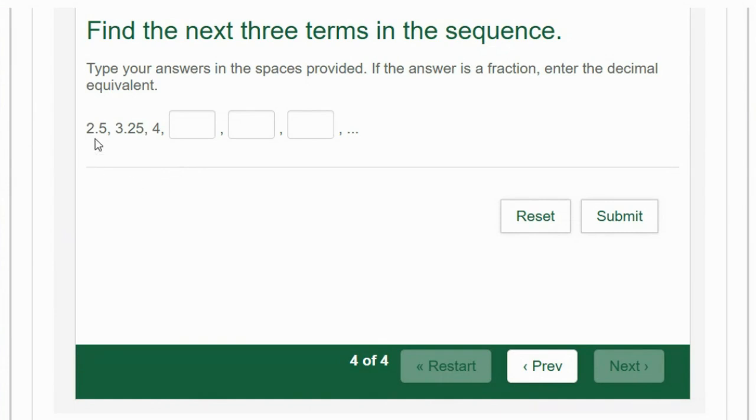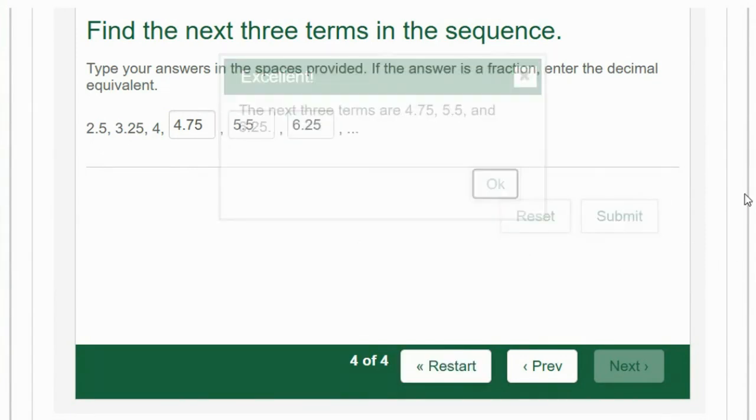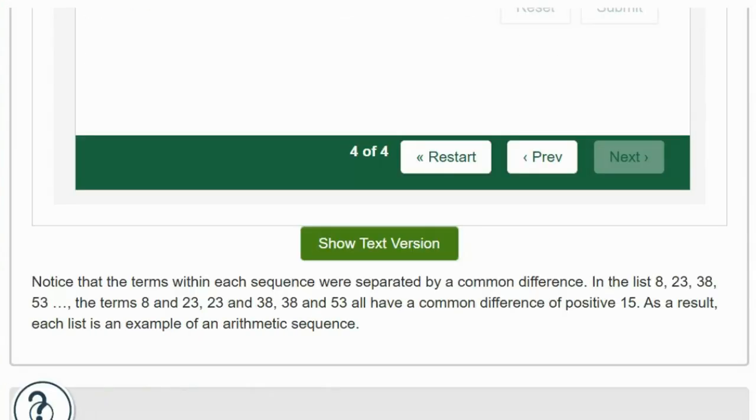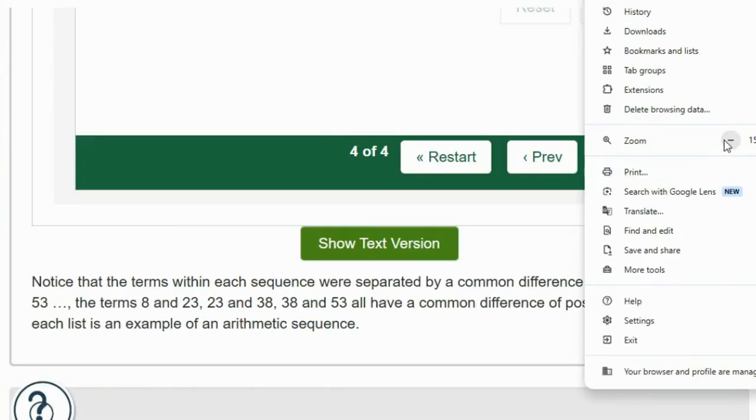What's happening each time? Well, this is going up by 0.75. If you don't know how much it's going up by, subtract. Go to this one and subtract 2.5 from it. 3.25 minus 2.5 is 0.75. So every time it's going up by 0.75. Wonderful.